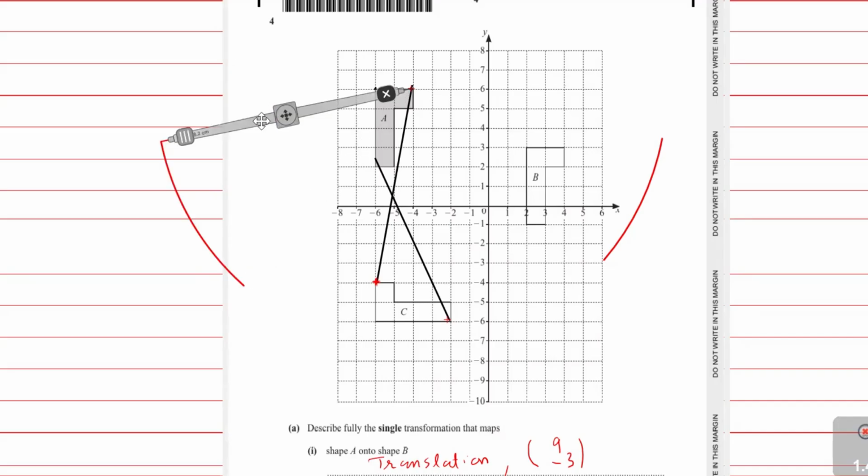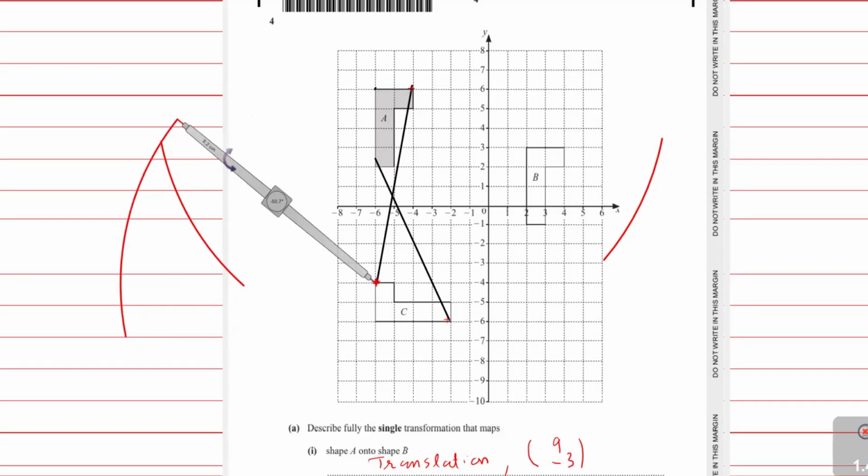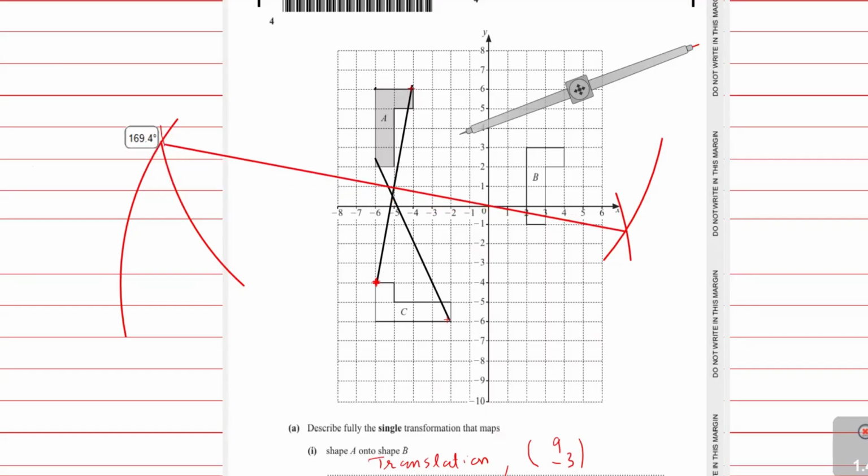And next we take the other endpoint of this line, and we will draw the arc on left side. And then we will draw an arc on right side. After mentioning these arcs, we will join the intersecting points of these arcs, and by joining these intersecting points, we get a perpendicular bisector of this first line.